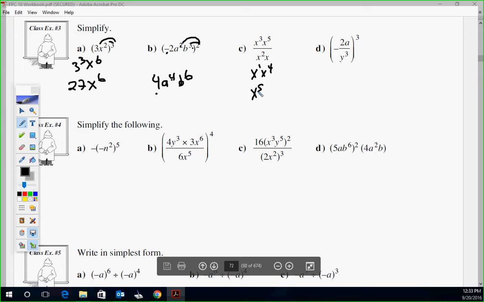Denise, what do you think on D? Negative 8a cubed y to the 9. Okay, what do you guys think? Yeah, that's good. So what she did that was kind of subtle, and you may not notice, is see how that negative's there?